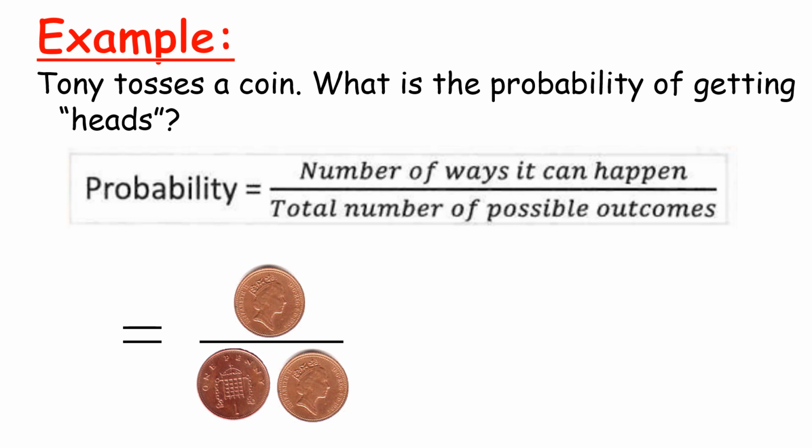So we have one answer we want, getting the heads, over 2 possible things that could happen. So a 1 in 2 chance. That's quite instinctive, and most students will have that without thinking too deeply about it. However, it's important we understand how to calculate probability and how to work this before the questions get more challenging.